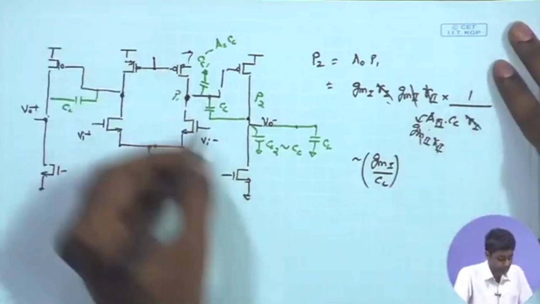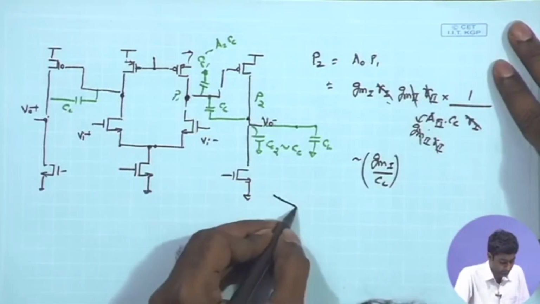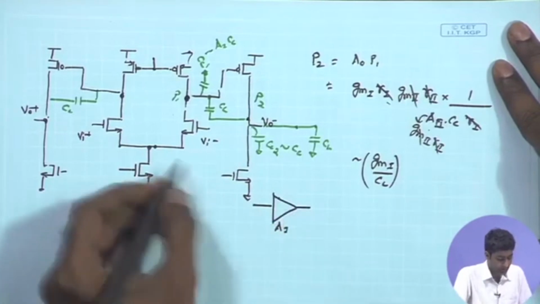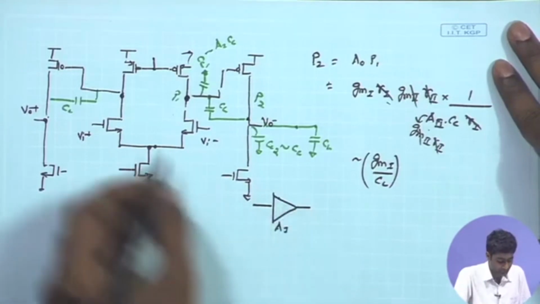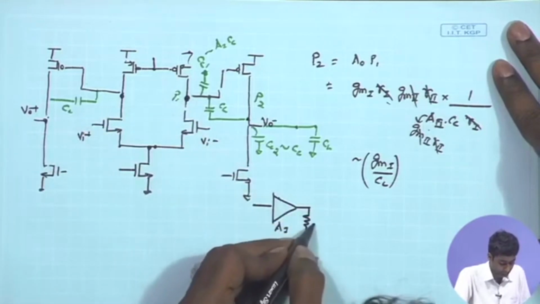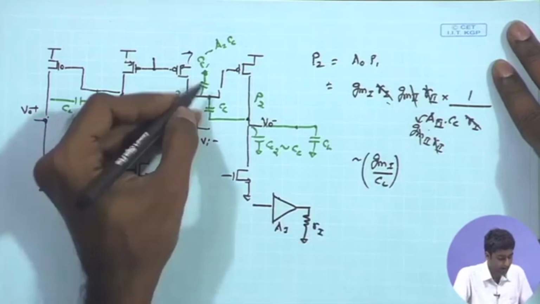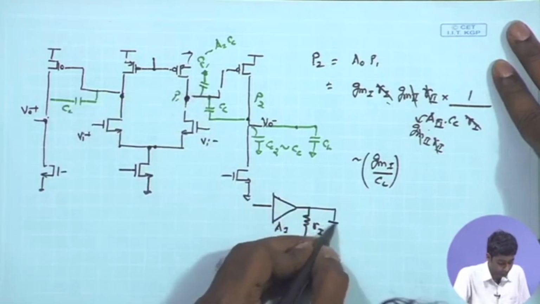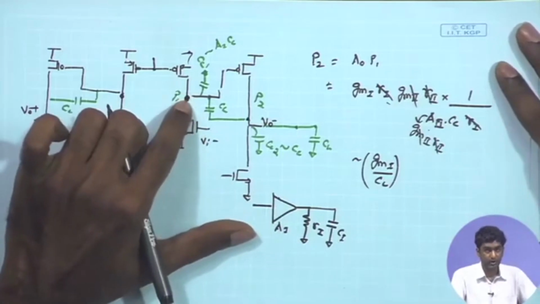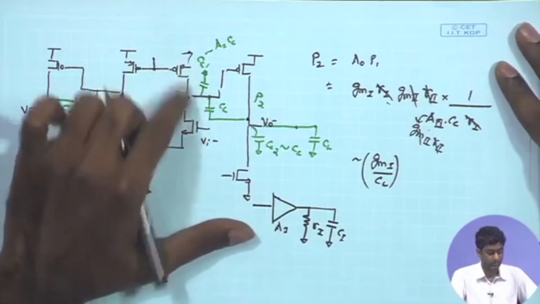In the actual amplifier, if I look at the actual first stage, this is the first stage giving me A1, you have certain output resistance. I can model its equivalent output resistance as say R1, and along with that you have some capacitance C1, which is because of the parasitic capacitances of the MOSFETs, the NMOS and the PMOS.